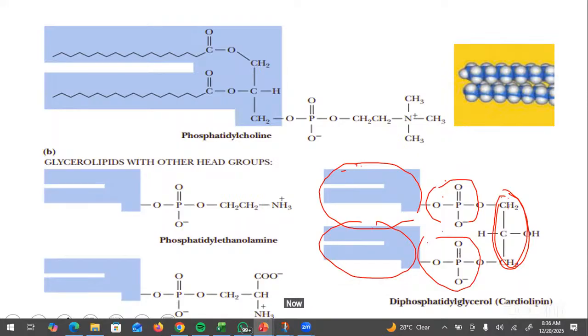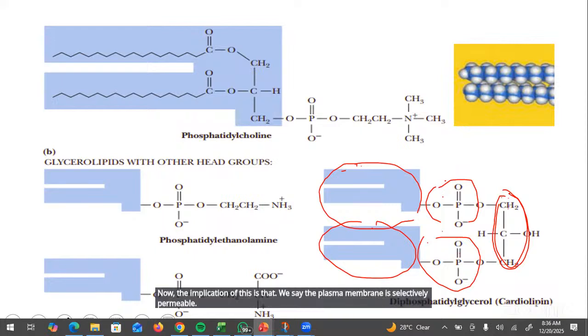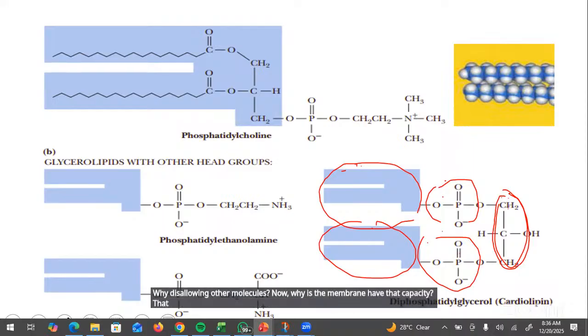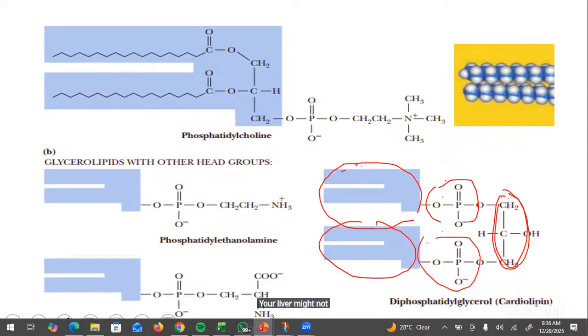Now, the implication of this is that we say the plasma membrane is selectively permeable, allowing some molecules to flow in and out, while disallowing other molecules. Now, why does the membrane have that capacity? What your heart muscles might allow, your liver might not allow to pass.